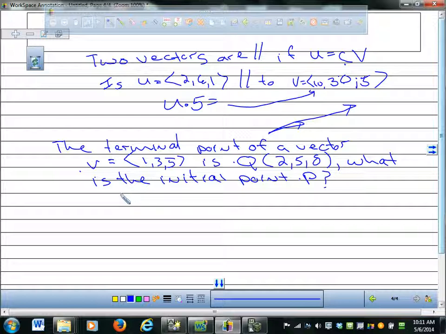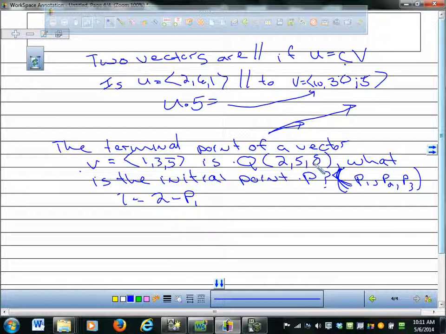So if P has coordinates P1, P2, P3, you know that, since this is the endpoint, 1 is equal to 2 minus P1.